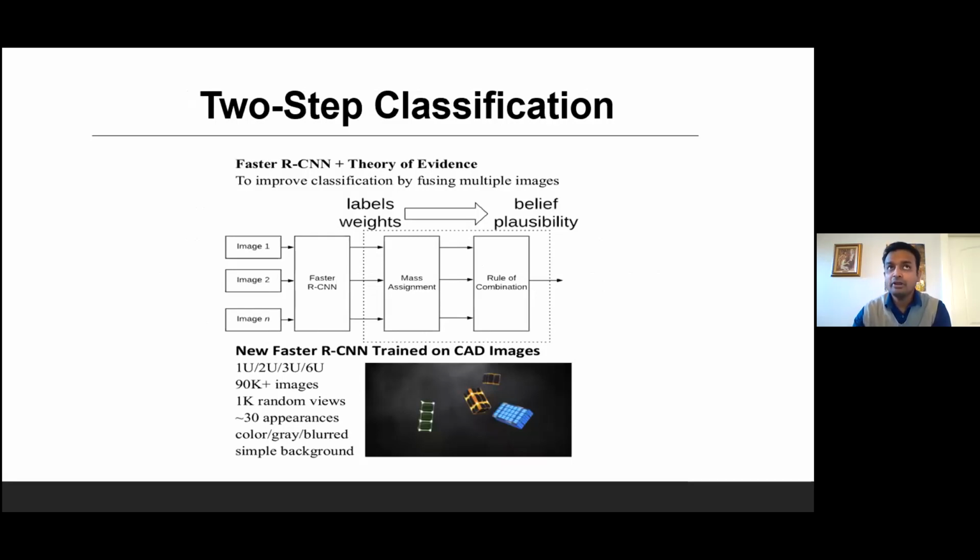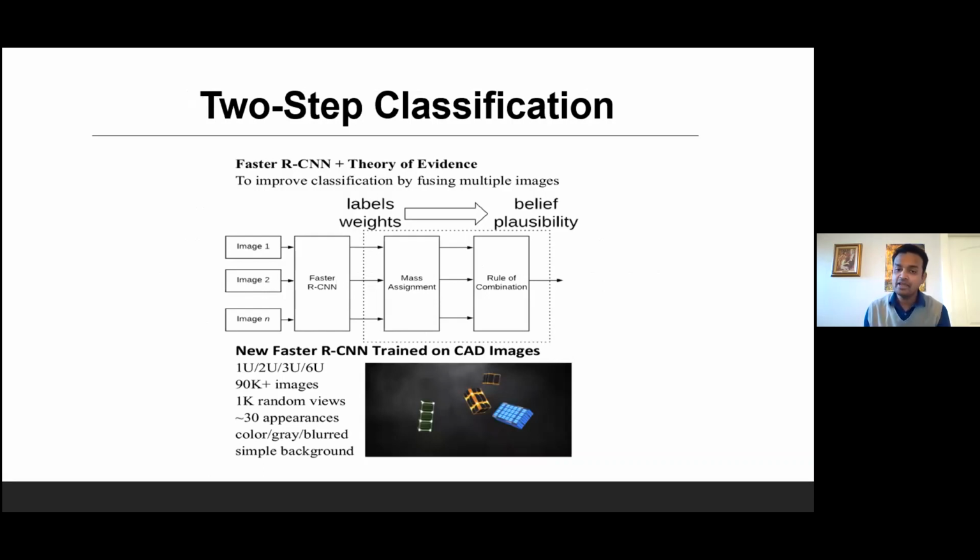So I did further research, and I came up with my own method, which I named two-step verification. There I used my results and combined them with theory of evidence. Dempster-Shafer theory is a very famous theory of evidence, and I built my own database for this project.